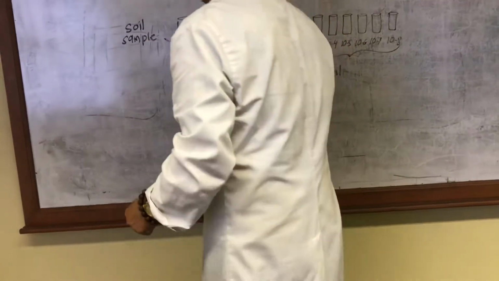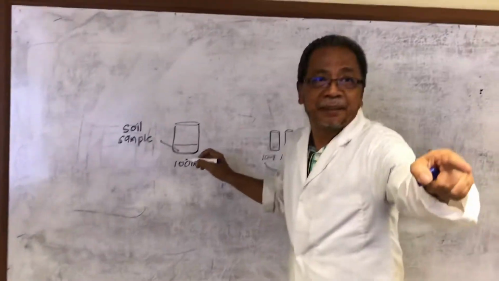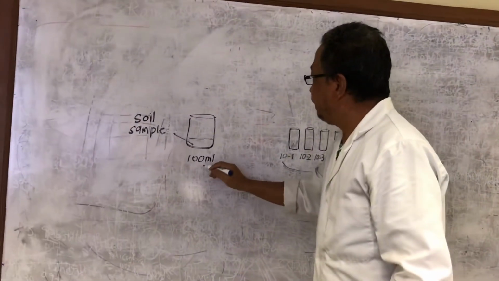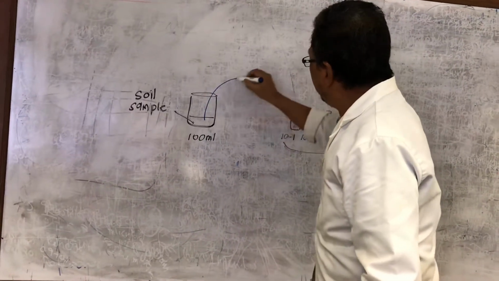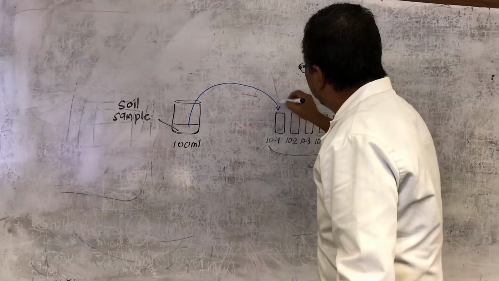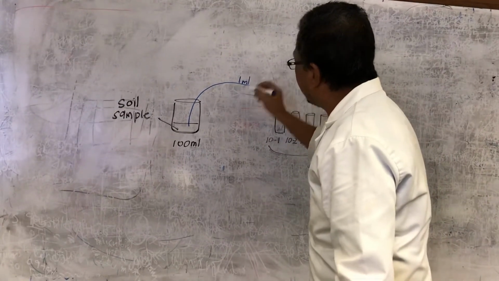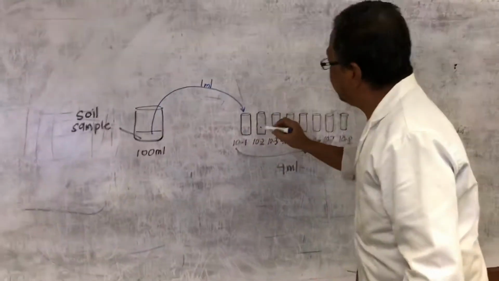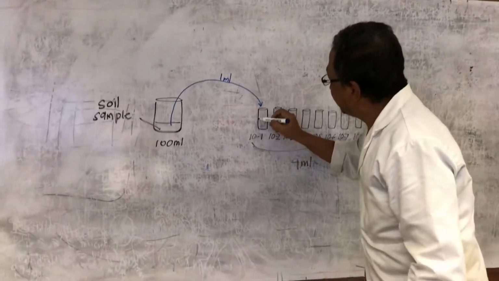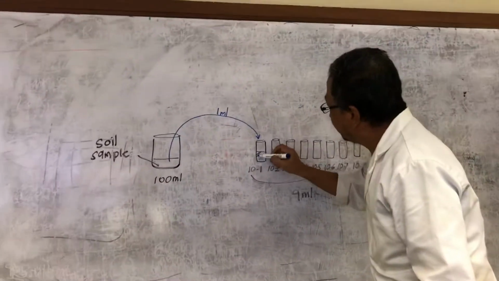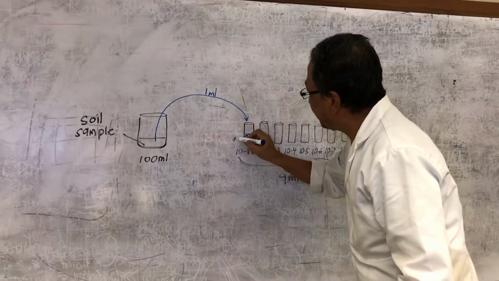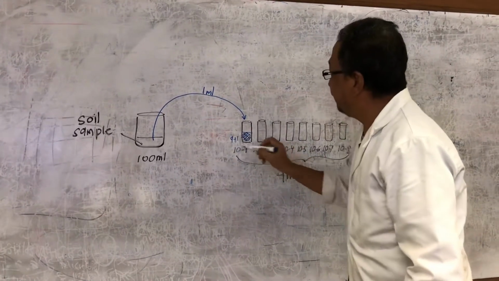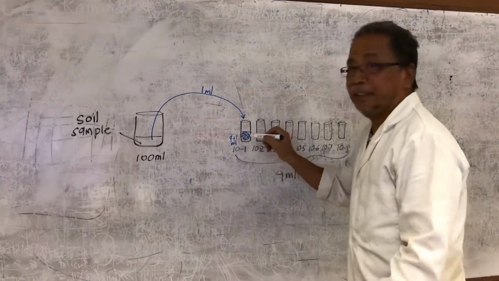So what happened is, we have the 100 mils. Then we take 1 mil here from the original sample, and put it into the 9 mils, so it will be 9 plus 1, right?